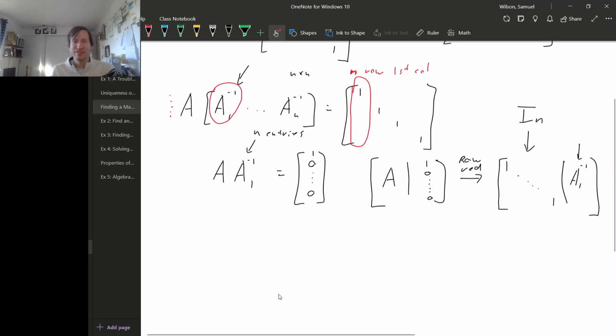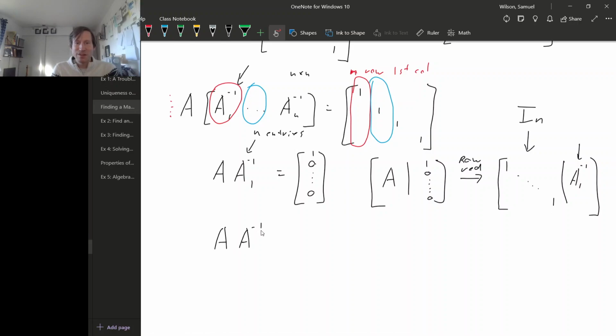We can just solve this linear equation. All right, now let's look at the second column. That would be with a 1 in the second position, and that would come from using the second column for the matrix product. So that would give us A times A inverse second column equals 0, 1, 0, and then all zeros after that.